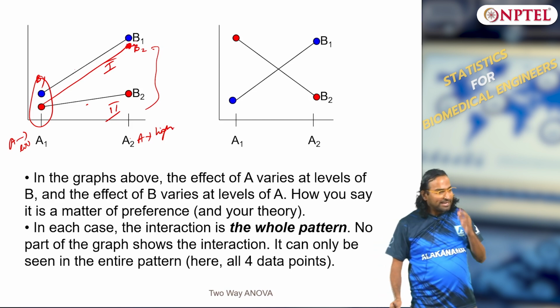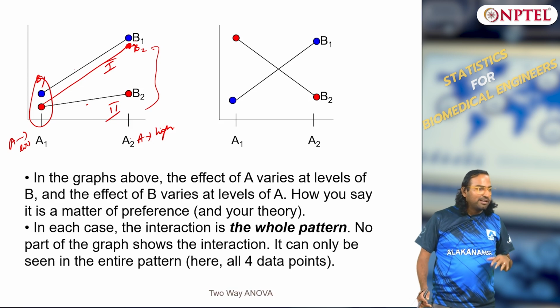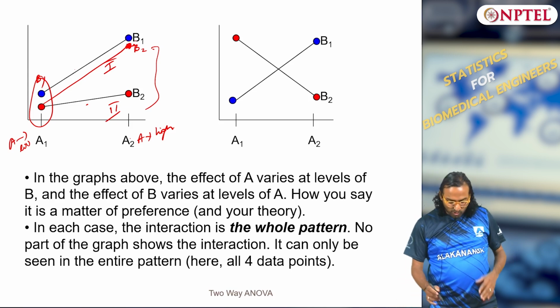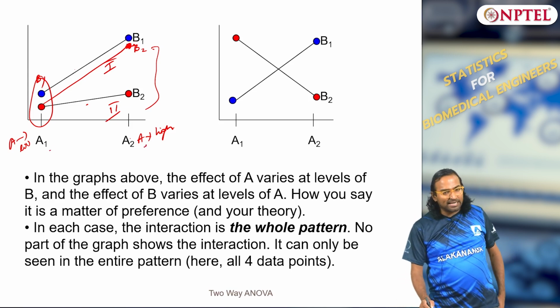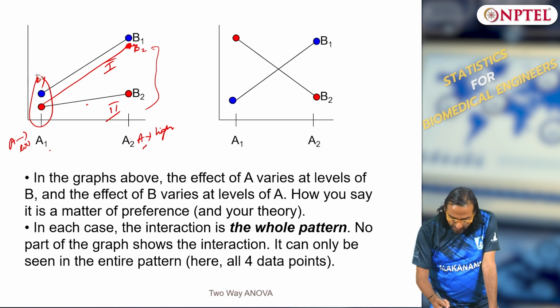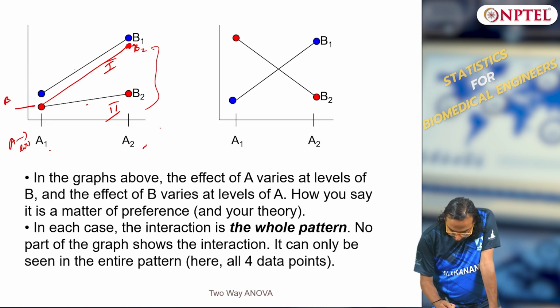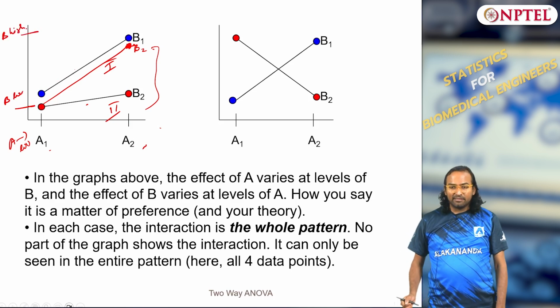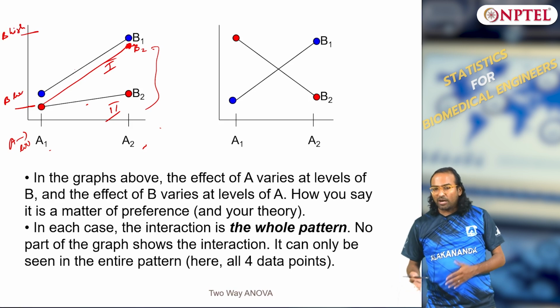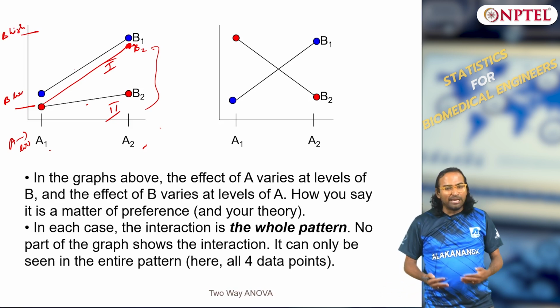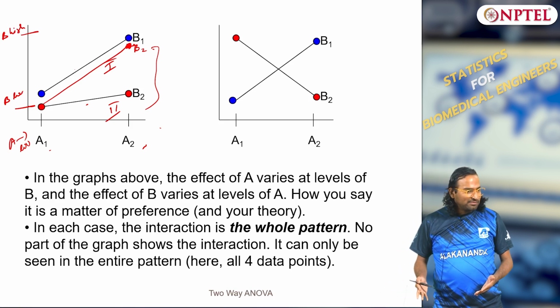A is at a low level, A is at a high level, B is at a low level, B is at a high level. You mark A1, A2 as A low, A high, B low, B high. Clear?